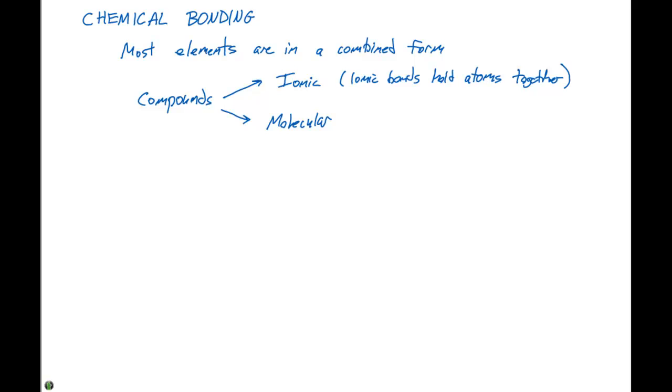Whereas in molecular compounds, covalent bonds hold the atoms together. And we've discussed this when we talked about nomenclature. We have ionic compounds and molecular compounds, and we use a different nomenclature system. The reason we use a different nomenclature system is because the bonding is slightly different between these two.